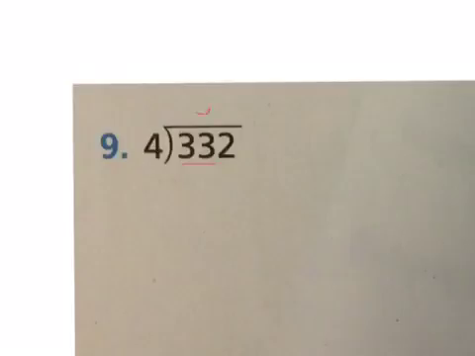So it's going to be 8, but really that's 80 4s because we need it to be 320, not 32. 9 didn't work because 9 4s would be 360, and we don't have 360 to split up. We only have 332.